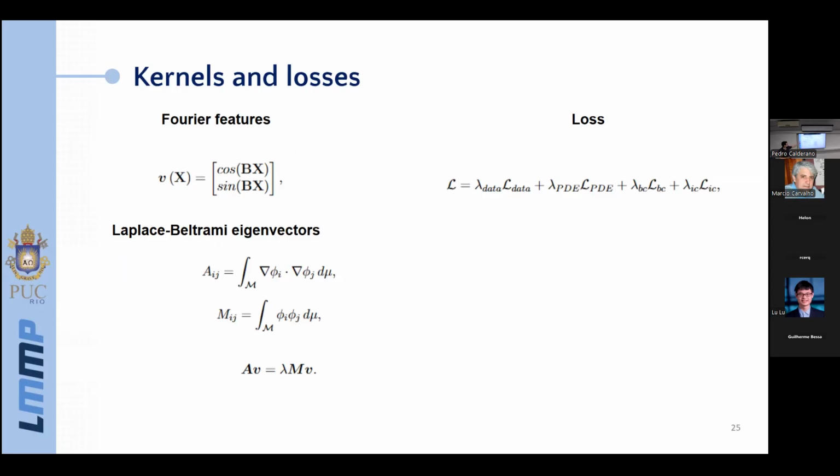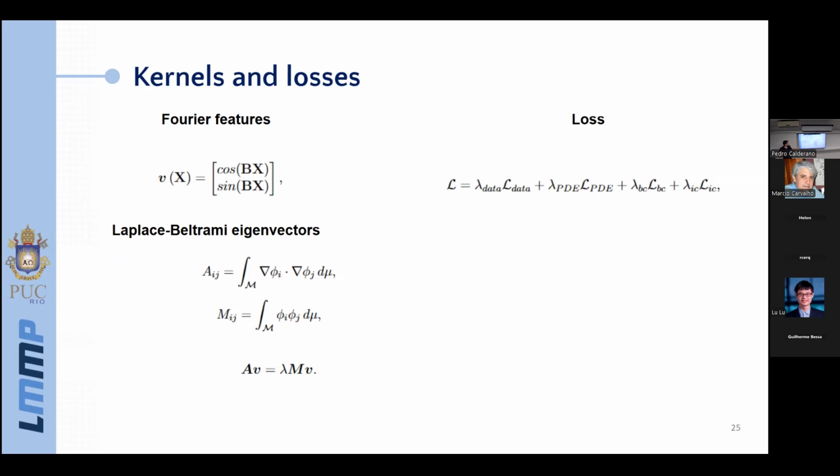And I also tried to use Laplace-Beltrami vectors and compare the performance of Fourier features and Laplace-Beltrami vectors. Well, Laplace-Beltrami vectors basically have information about the natural modes of the geometry. And with that, we can build the solutions of partial differential equations, and this could make it easier for the neural network to predict the flow fields in a complex geometry as well.